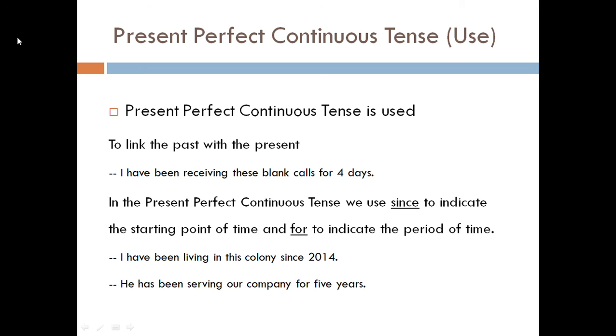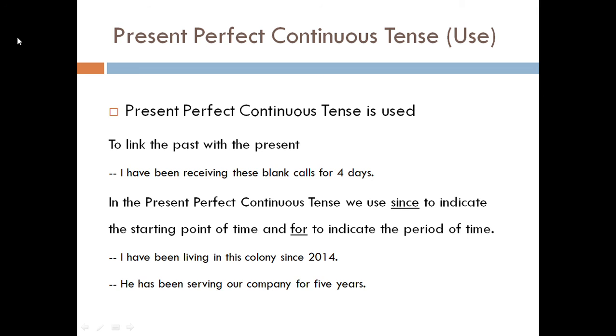In the present perfect continuous tense, we use since to indicate the starting point of time and for to indicate the period of time. So, the use of since and for. Since is used to indicate the starting point of time, तब से. Okay? So, if we indicate a particular point of time, जब हम बोलते हैं कि इस time से लेकर अब तक, in such case we use since.